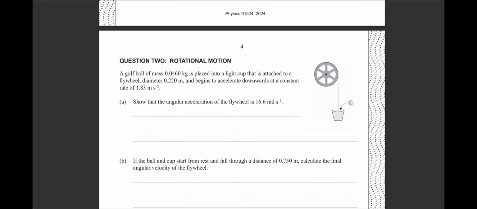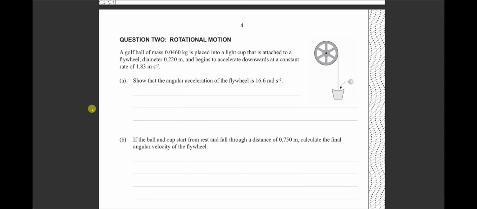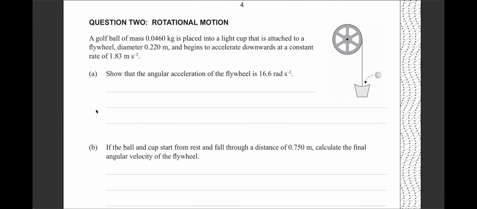Okay, so I think we can just use one of those, what is it, a equals r alpha or something? Here, there we go. Your linear acceleration is just your radius times your angular acceleration. So we just have a equals r alpha, and alpha equals a linear over radius, which is our linear downward constant at 1.83 over the radius.